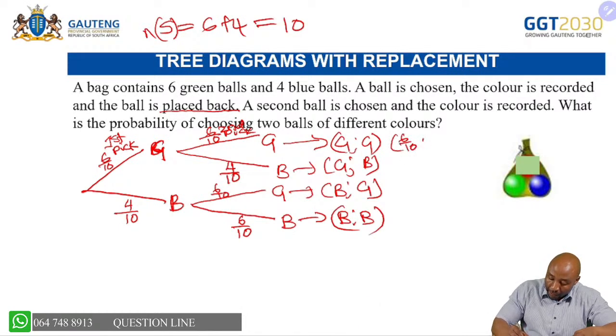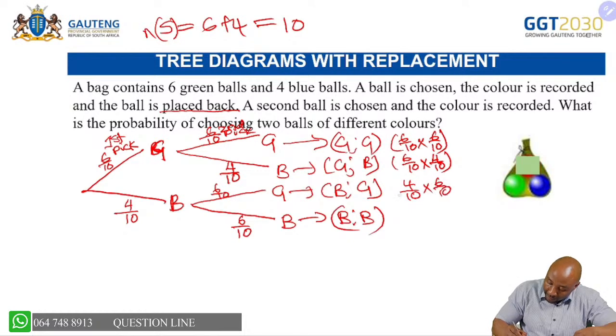First probability, it's 6 out of 10 multiplied by 6 out of 10. Second one, we have 6 out of 10 multiplied by 4 out of 10. Here we'll have the first one, it's 4 out of 10 multiplied by 6 out of 10 to get the probability outcome.